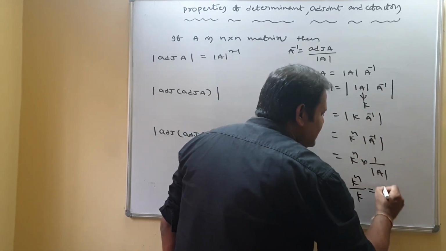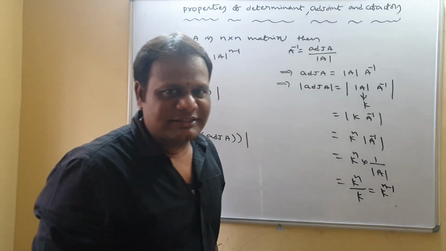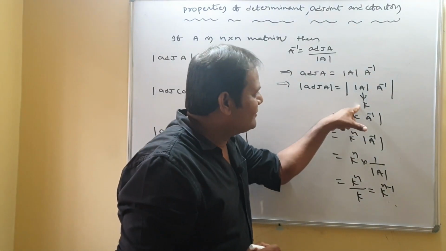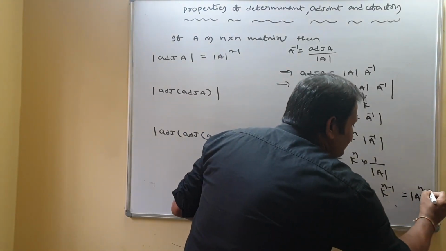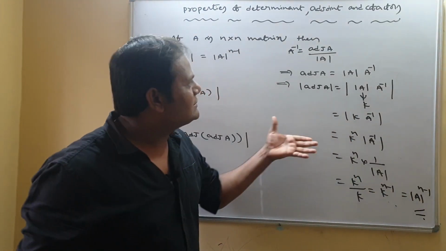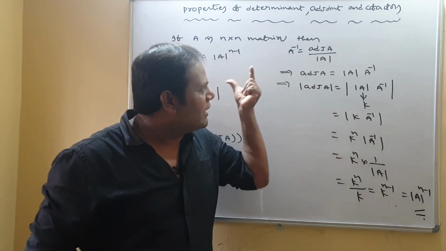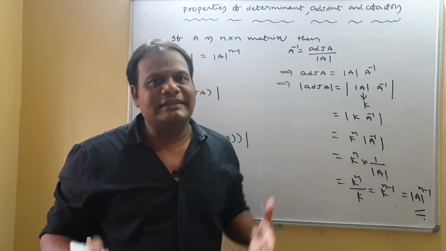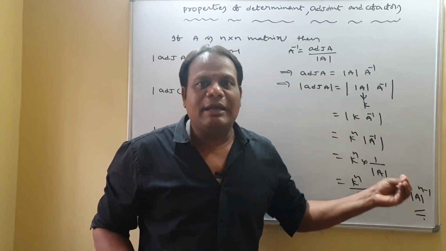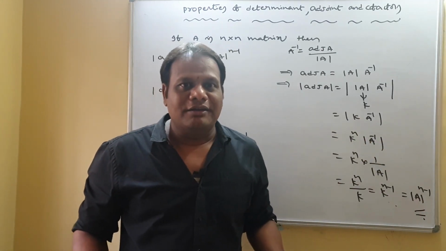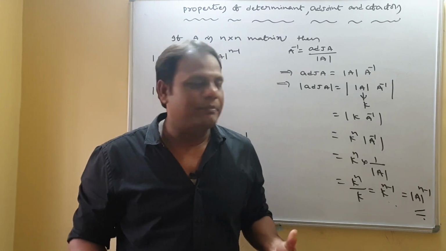What is this? k power n minus 1. What is k? It is det A. So it is det A power n minus 1. So students, you must remember, it is very important: det adjoint A is det A power n minus 1, if A is an n by n matrix.